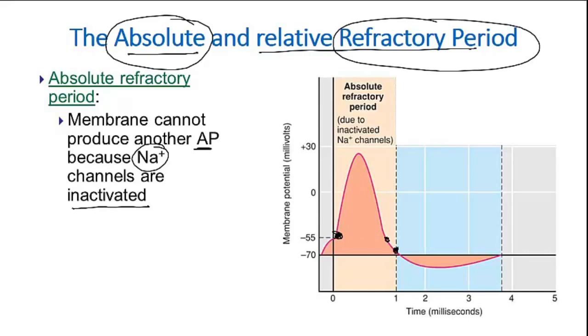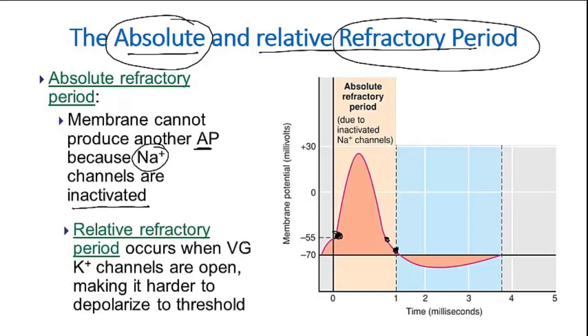Now the second type is the relative refractory period. This happens when the voltage-gated potassium channels are open, making it harder to depolarize to threshold. This happens immediately after the absolute refractory period.